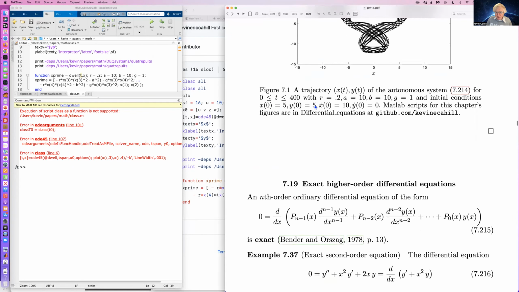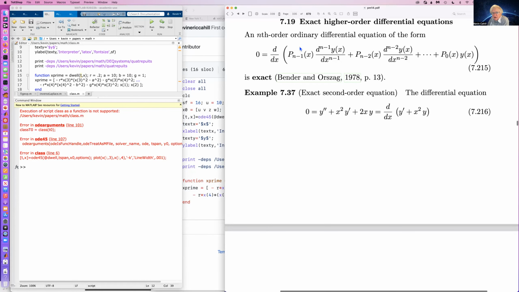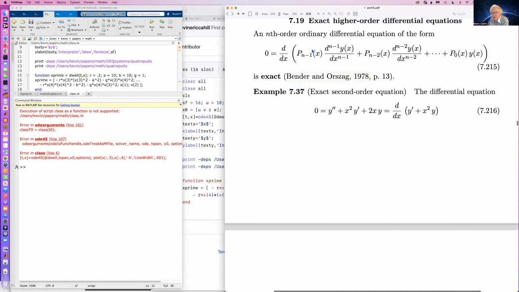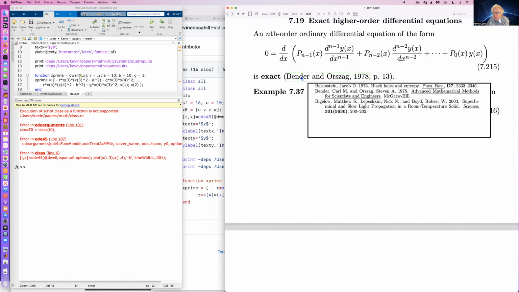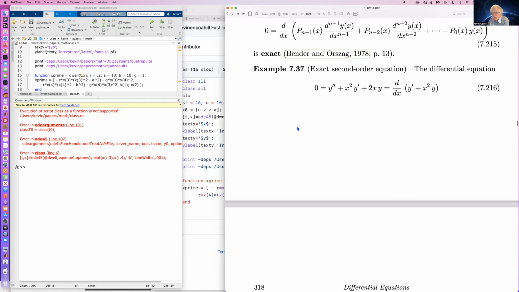So let's just go on. We defined exact as an equation, a differential equation. We said it was exact if it was d of something. So here, an nth order ordinary differential equation that looks like this is exact because it's d of something. And as an example, here's d by dx of y prime plus x squared y.